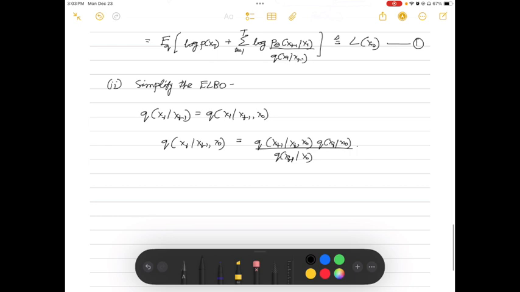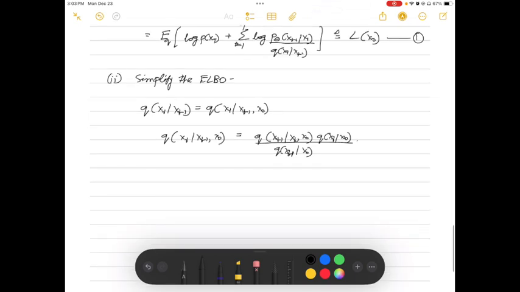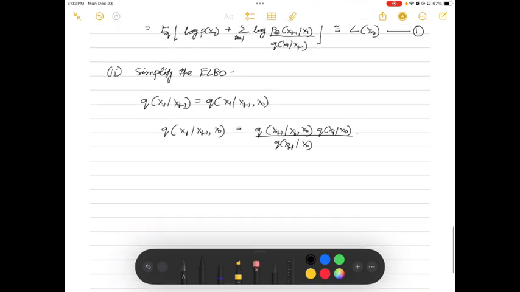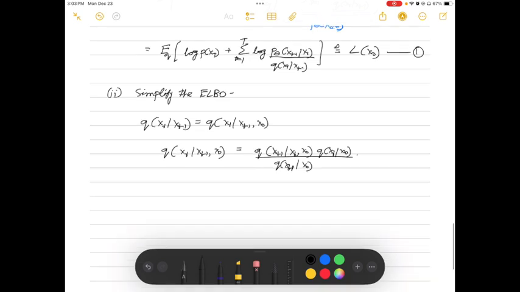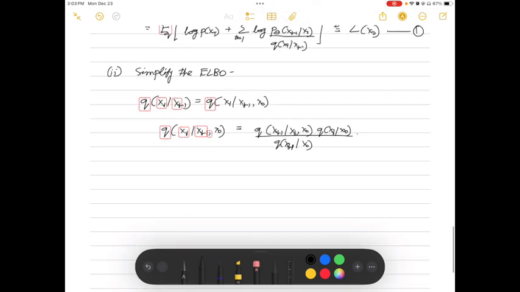This is something we will be using now. We can simply plug this into the first equation, that is L of x naught, our loss. So let's do that now.